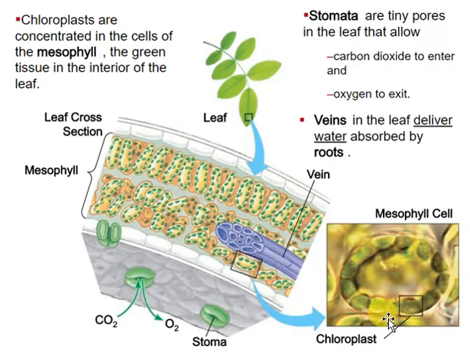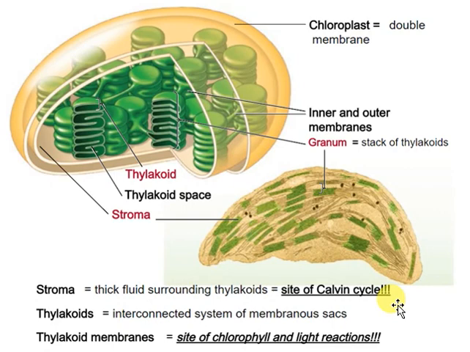Now, taking a close-up look at one of these mesophyll cells, you see these little green blobs, those are called chloroplasts, right? So taking a deeper look at your chloroplasts, there can be anywhere from 30 to 40 chloroplasts in one mesophyll cell.